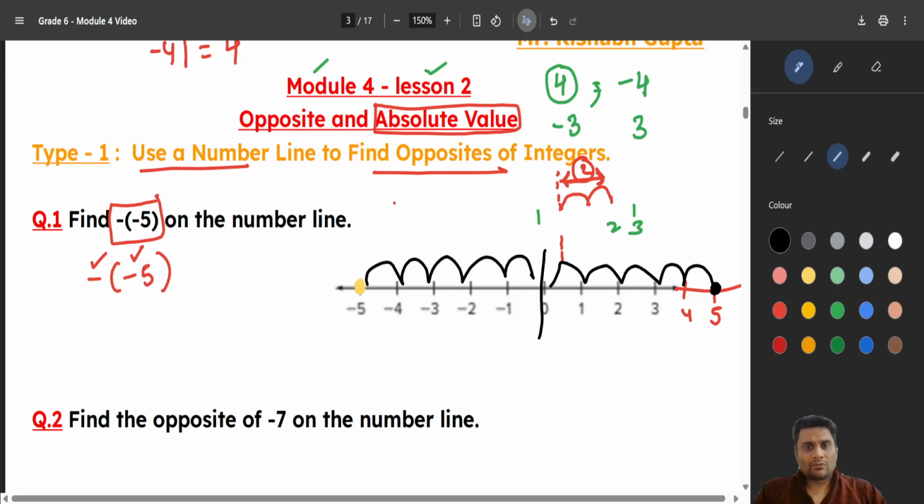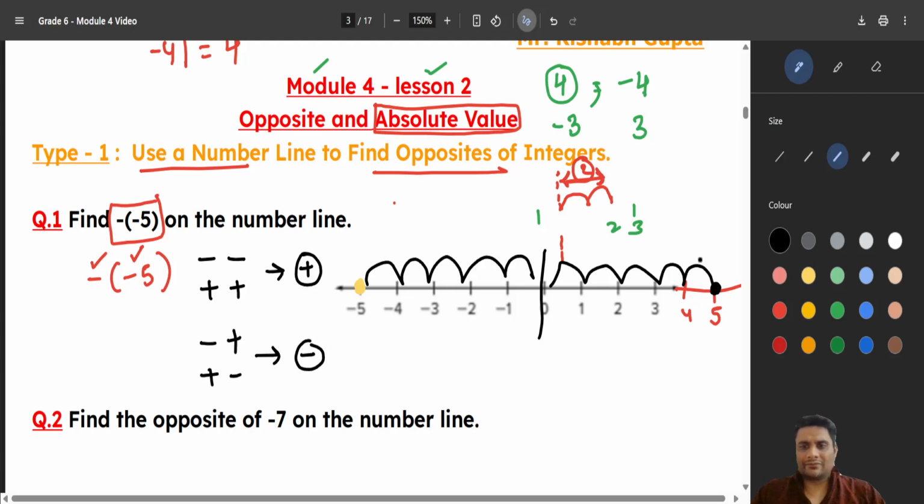Now what is the other way of doing it? I have explained to my students inside the classroom that if you see two similar signs together, for example negative negative or positive positive, if you see the same sign together, it changes into plus, right? And if you see two different signs together, for example negative positive or positive negative, it changes into minus, negative.